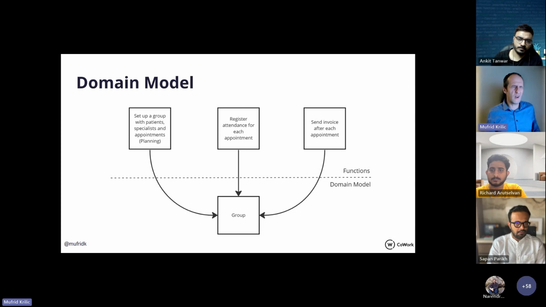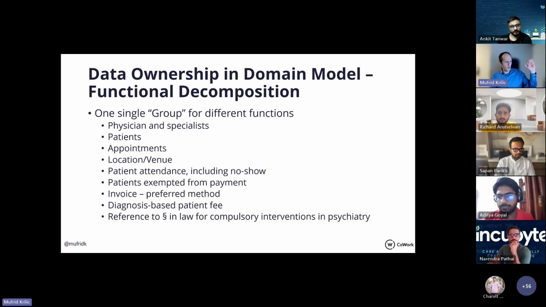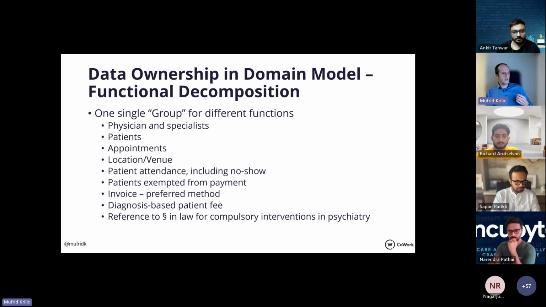So how can data ownership verify this model? We have one group performing all these functions, so we need all this data. The attributes of the group should contain specialists, patients, appointments, invoice-related attributes, and so on. And specifically for psychiatry, in Norway there is a reference to the paragraph of the law for compulsory interventions.